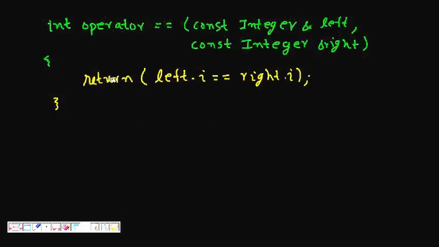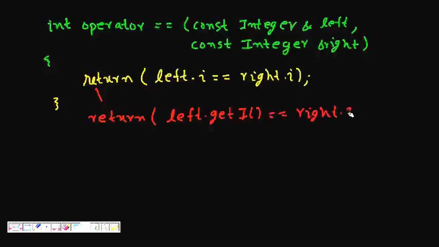Yes, because the only change will be that this will become return left dot get I is equal to right dot get I. If these two are equal, then this will work.